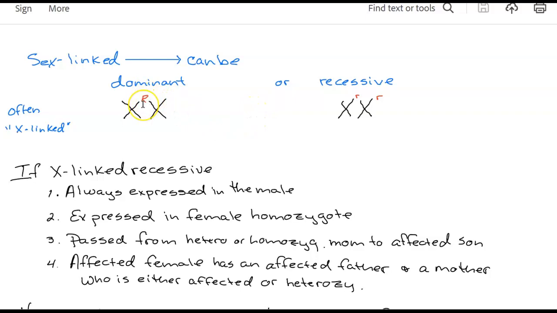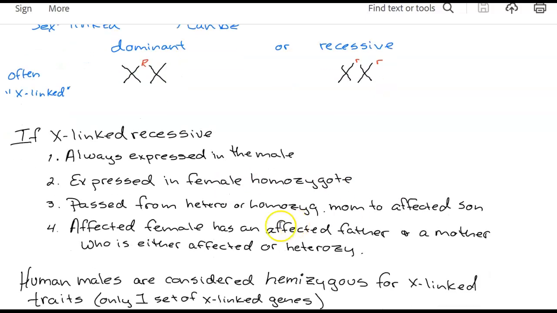It's got the capital R. So if it's X-linked recessive and he receives that allele, then he's going to have that condition. It is expressed in a female if she's a homozygote, right? And it can be passed from her, if she's heterozygous, to her son, which causes him to be affected.